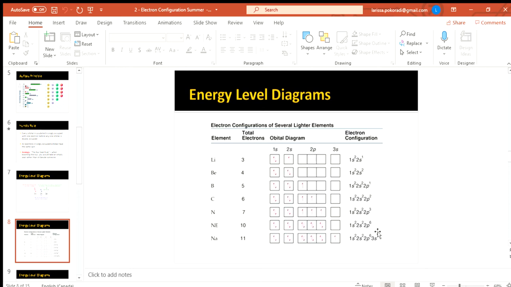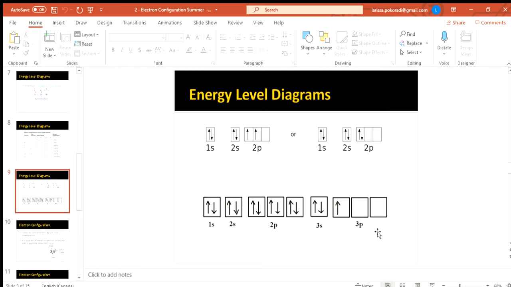I'm getting ahead of myself right now because we've got one more slide first. So let's see which one's the correct way. We've got 1, 2, 3, 4, 5, 6 electrons. So we have 6 electrons. We're looking at element number 6, carbon. Would carbon either be this one on the left or this one on the right?